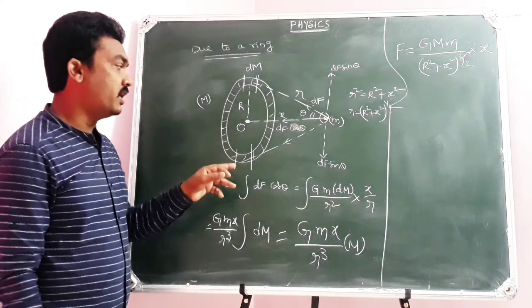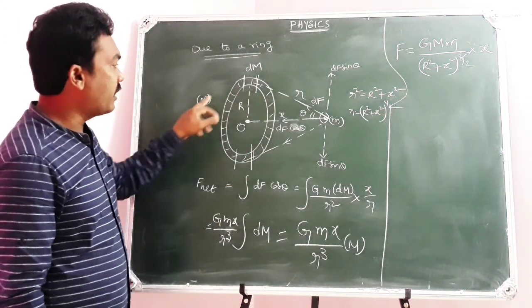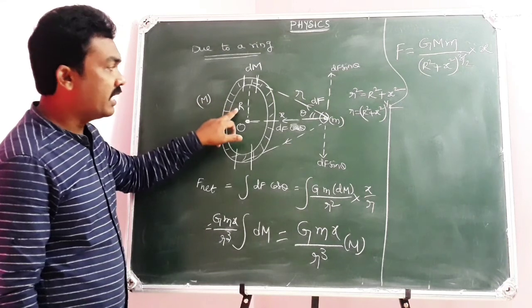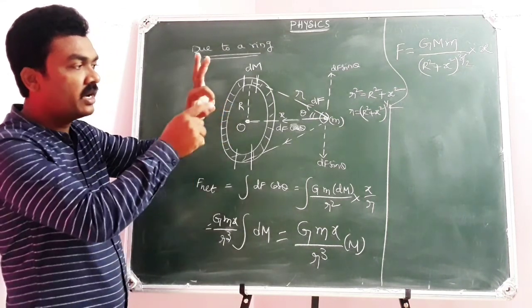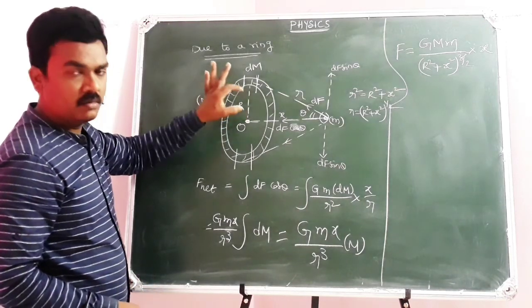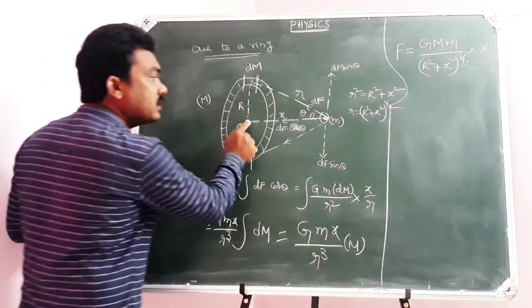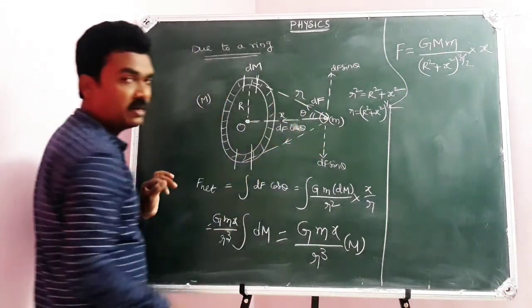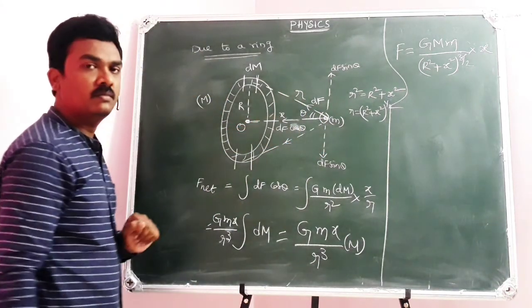So if you have taken a ring of mass capital M and radius capital R, now on the axis of the ring there is a point mass m at a distance x.